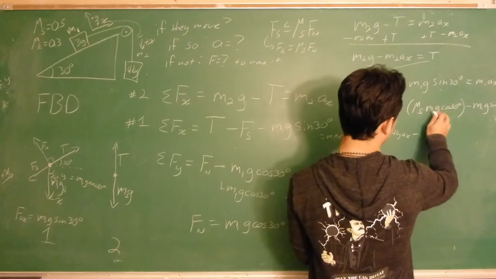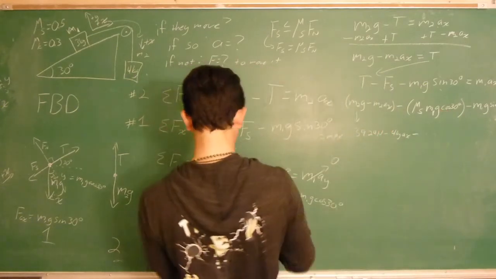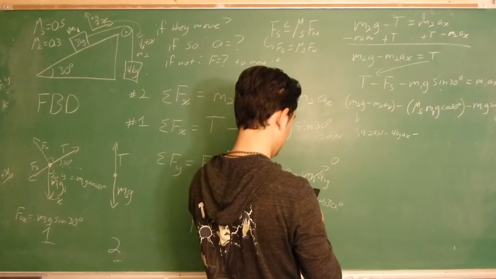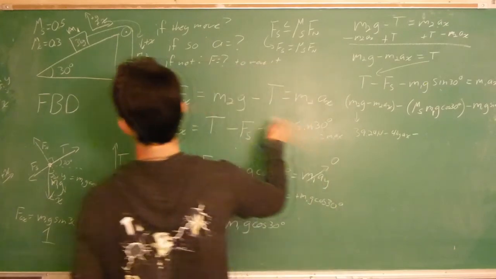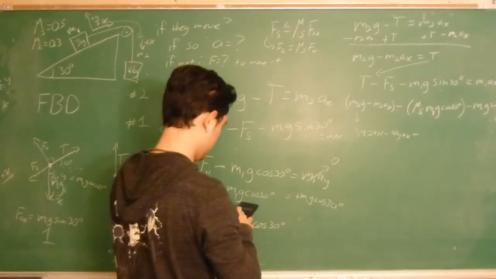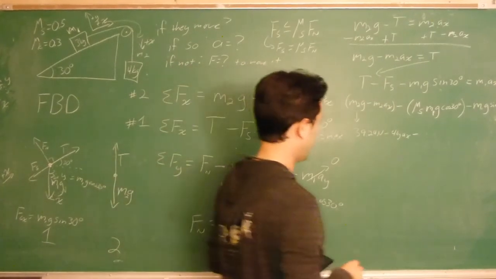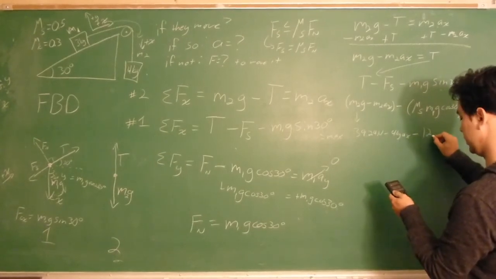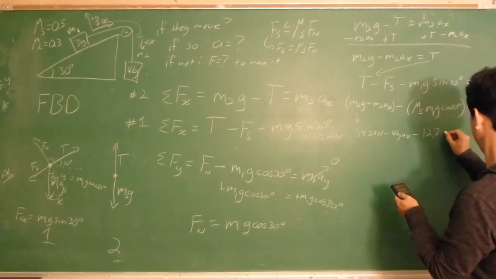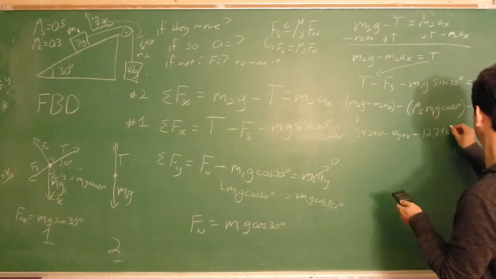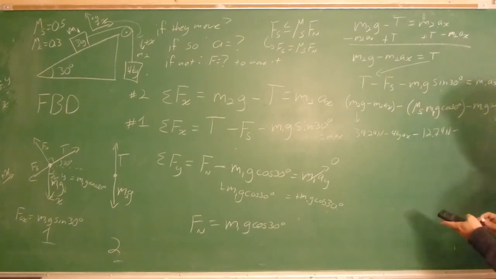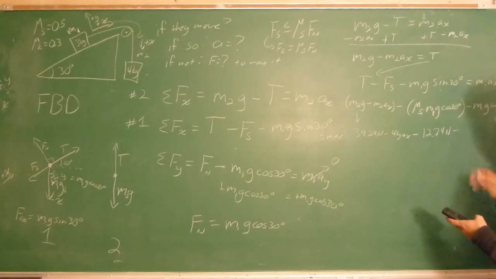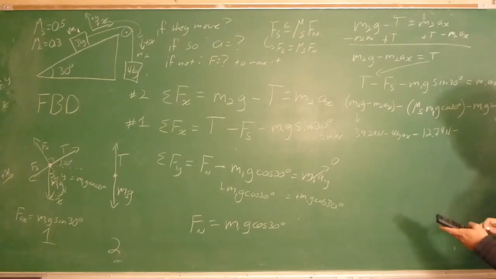So I've got cosine 30 times g times mass 1, which is 3 kilograms, times my coefficient of static friction, because we're going to look at static friction giving all it can give and see if it's enough. Minus 12.74 newtons minus, I'm going to do sine 30 times 9.81 times mass 1, which is 3.